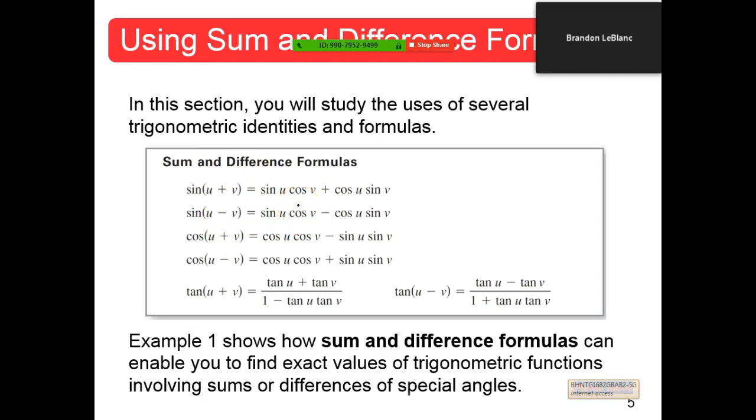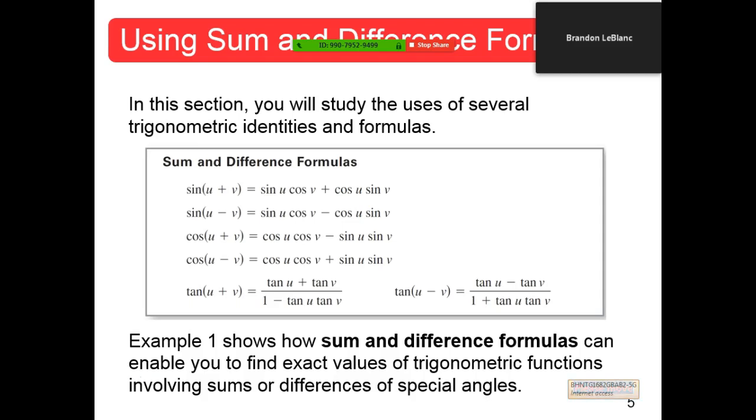But remember, cosine is an even function, so cosine of negative v is the same as cosine v, so that didn't change. But sine of negative v now, that is an odd function, so that becomes negative sine v. So you just have that one sign change because of the odd nature of the sine function. Okay? So you just have a sign change, and that's pretty easy.